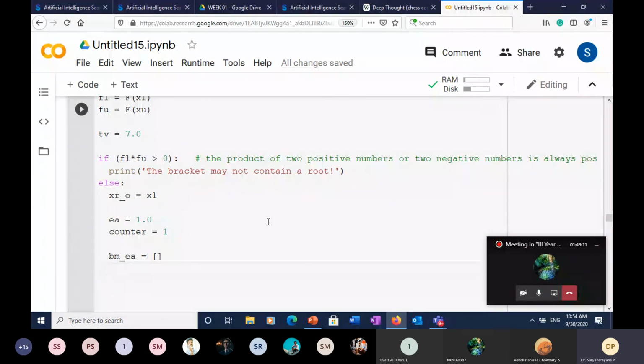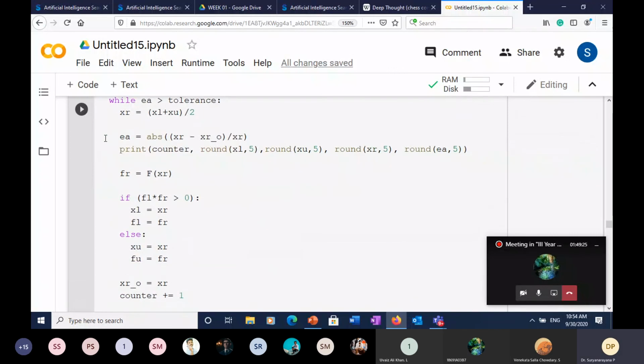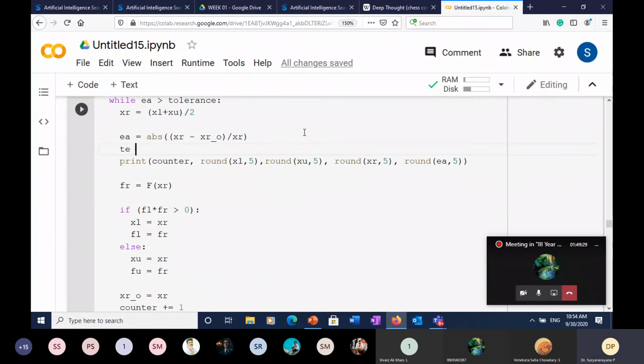And I'll say bisection method true error, let that be equal to a list also. I'm starting a new list. So here, this is the approximate error and the true error. How do you calculate the true error? Same expression.